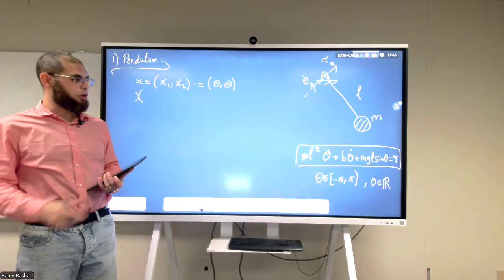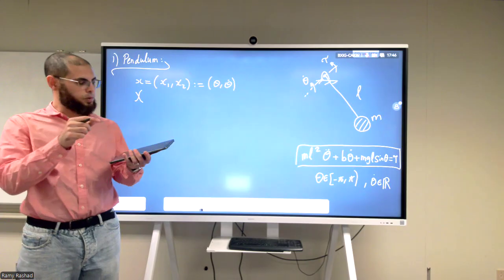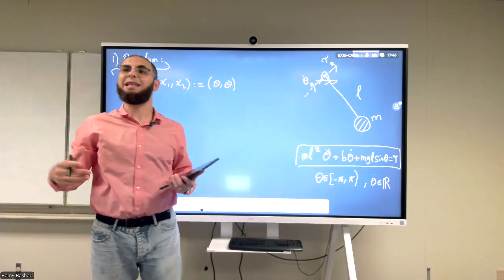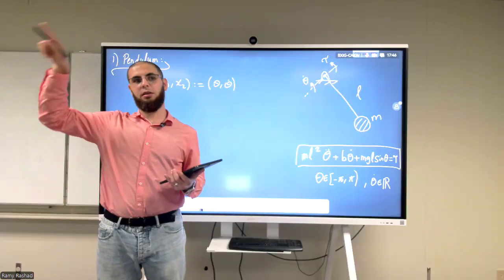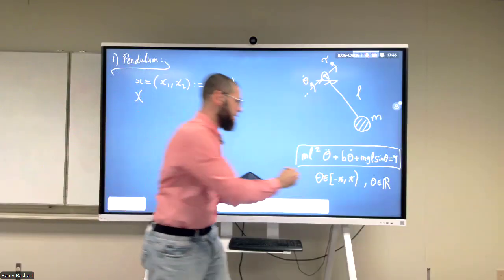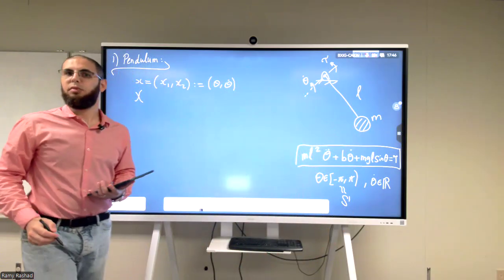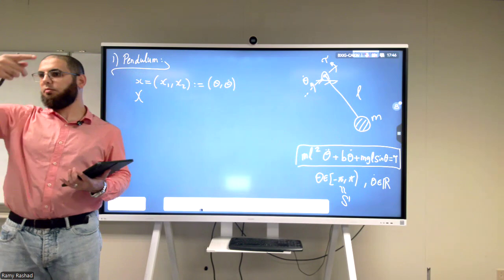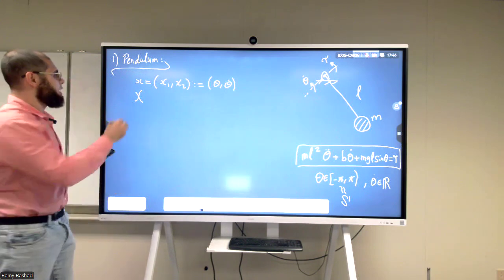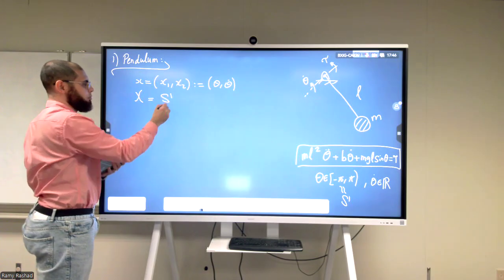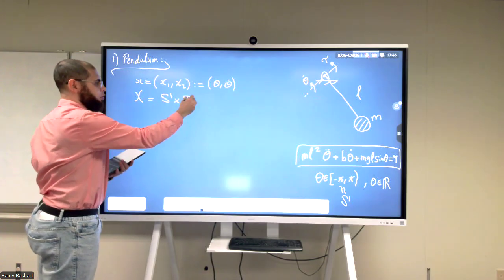You remember when we said that this interval from minus pi to pi is actually isomorphic to S1, the circle? You remember that? So actually this is isomorphic to S1, exactly. Because it's actually just a revolute joint. So in the end, we can say that the state space is S1 cross R1.